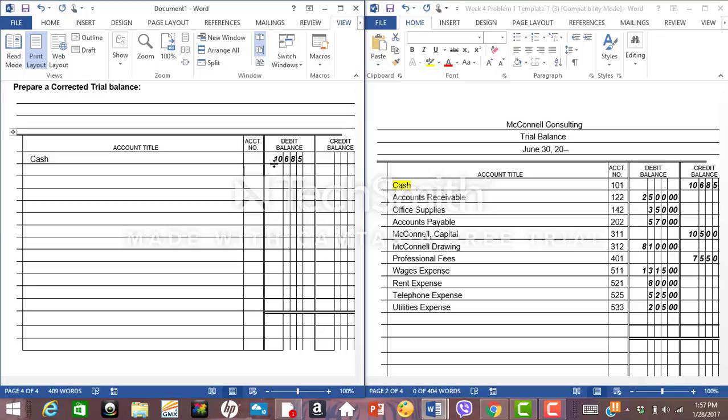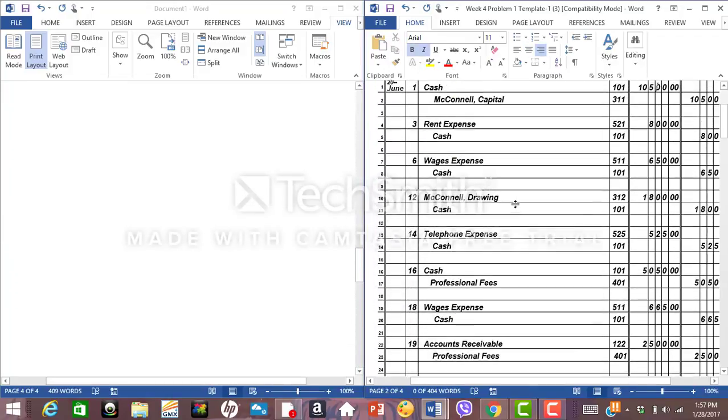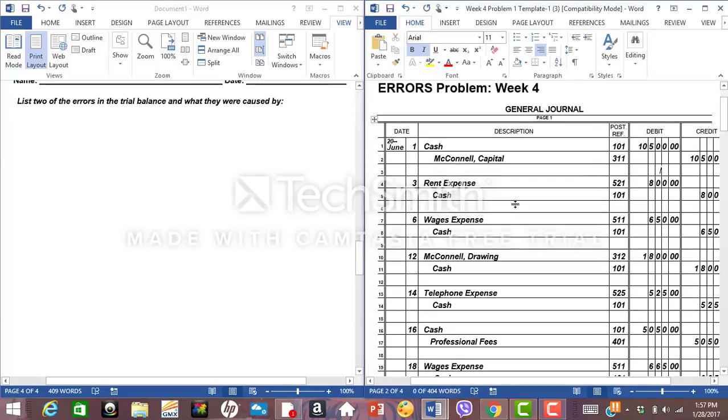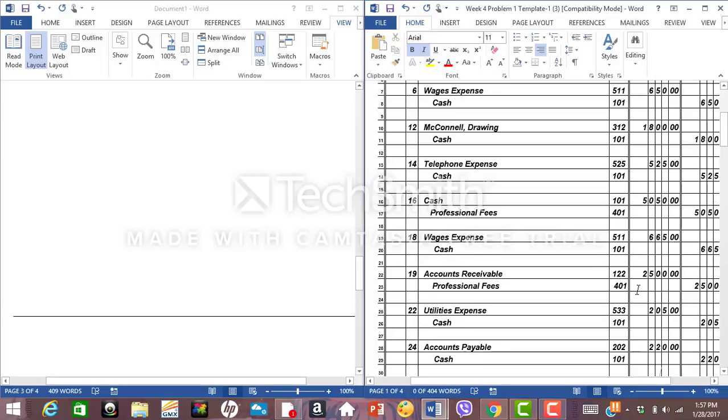So that's one mistake. The second mistake would be accounts receivable for 2,500. You would have a debit balance under accounts receivable. Let me look up at the general journal. Accounts receivable 2,500.